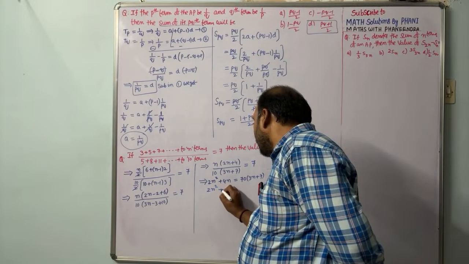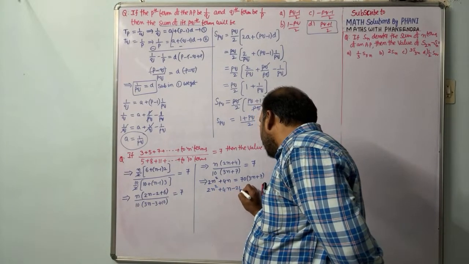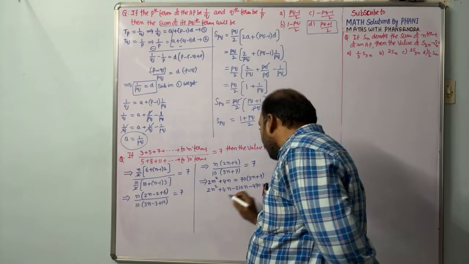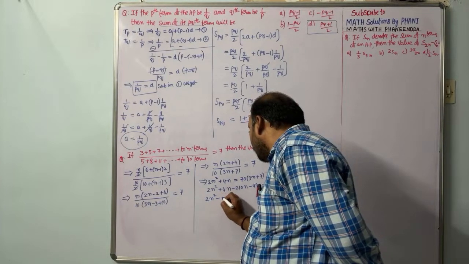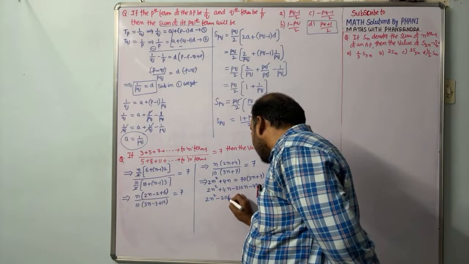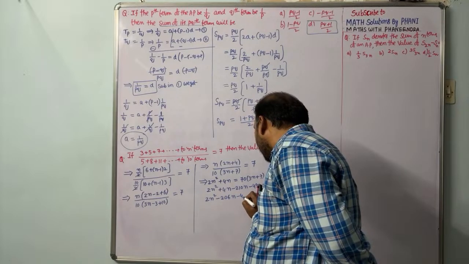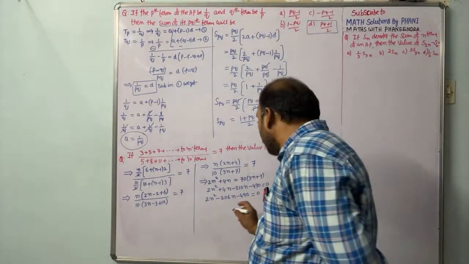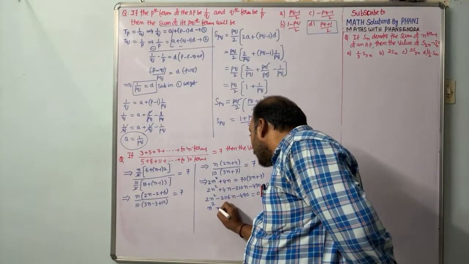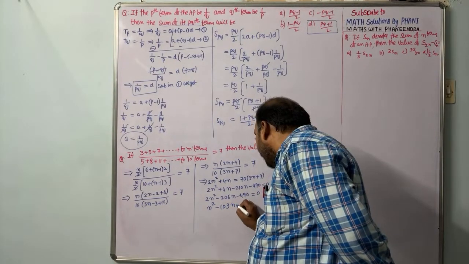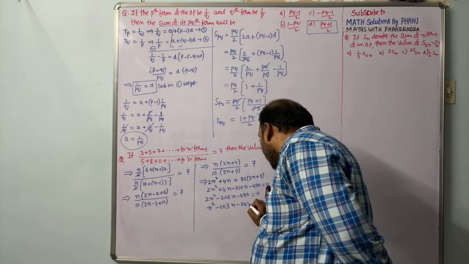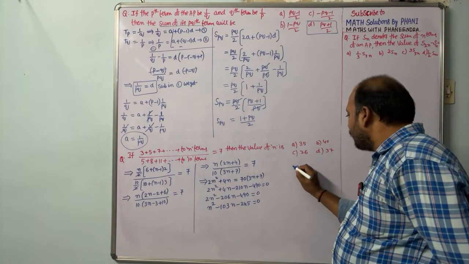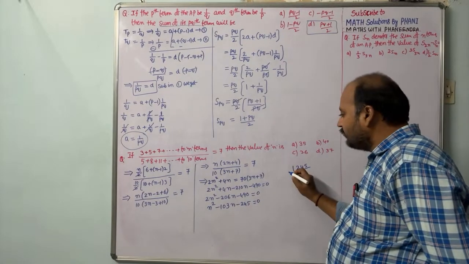So 2n square plus 4n minus 210n minus 490 equal to 0. So 2n square minus 206n minus 490 equal to 0. All are multiples of 2, dividing by 2 means n square minus 103n minus 245 equal to 0. So 245, I want to get the factorization of it.